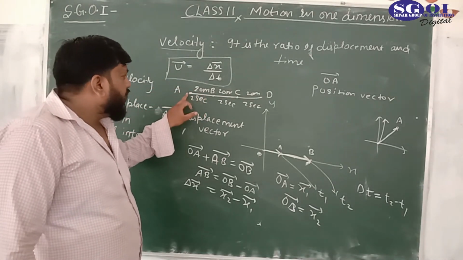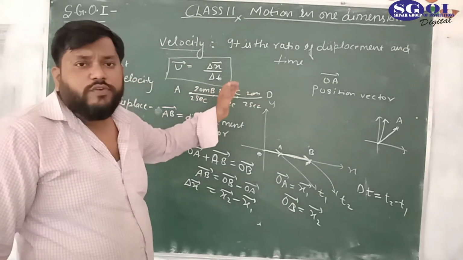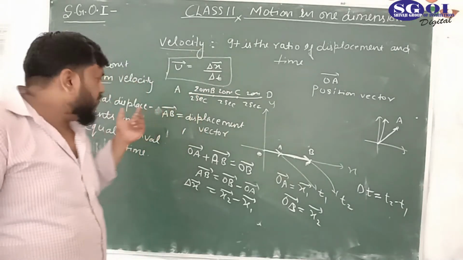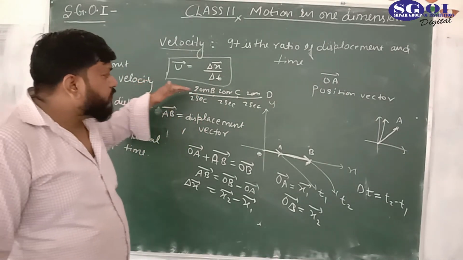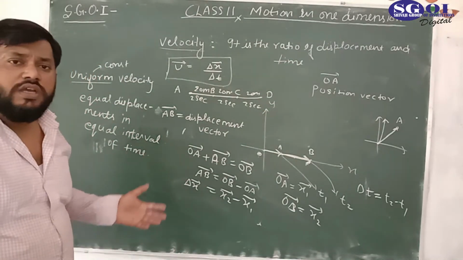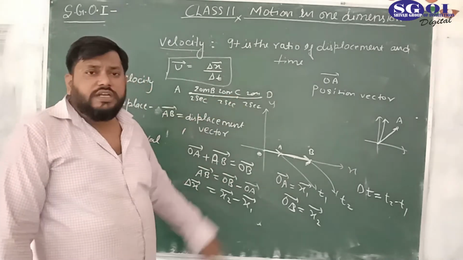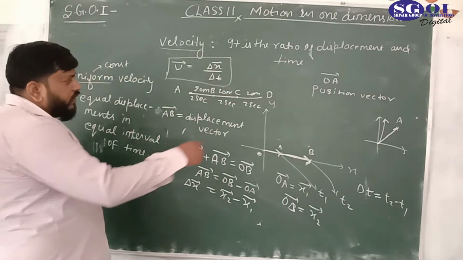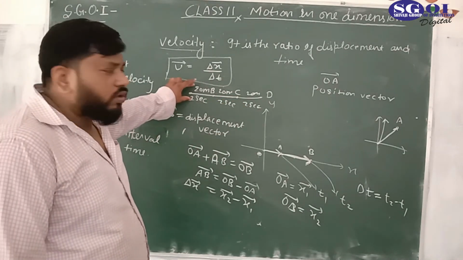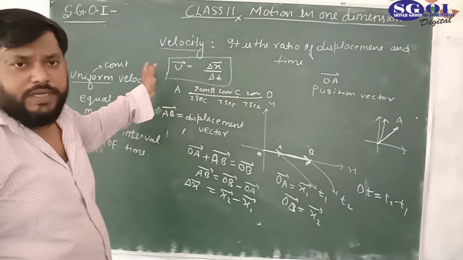The motion from A to B, from B to C, and from C to D is in the same direction, and velocity is a vector quantity. So the object is continuously moving in the same direction. It means the direction is not changing, and it is moving in a straight line in one dimension, so the magnitude of velocity in that case is equal to speed.